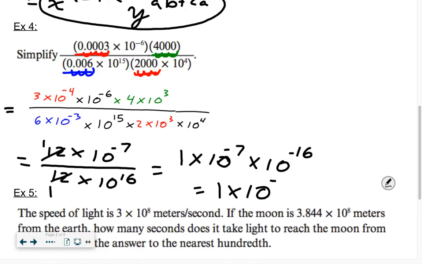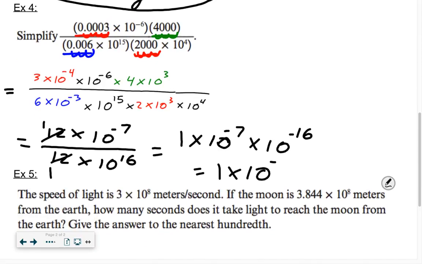Let's see here. Mr. Dorr made a mistake, didn't he? What did I do? Negative 3 and 3 cancel out, right? 15 and 4 will get us not 16, but 19.